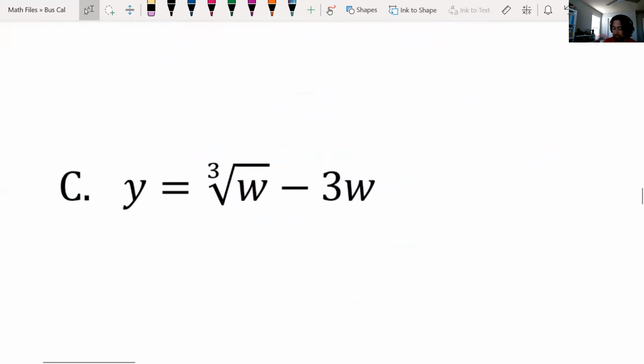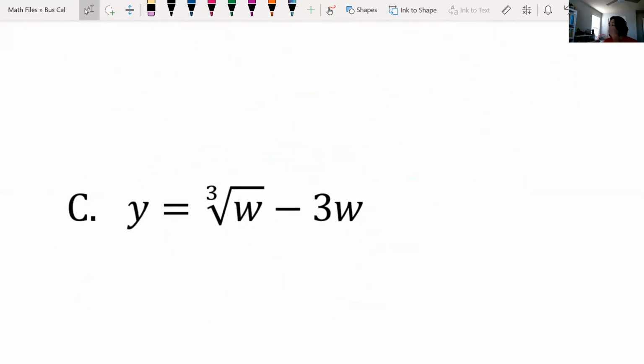Okay, which brings us to C. We get the cube root of W minus 3W, and we have to rewrite this because we can't take the derivative of the cube root of W in this form. So again, we rewrite it from radical to exponent.